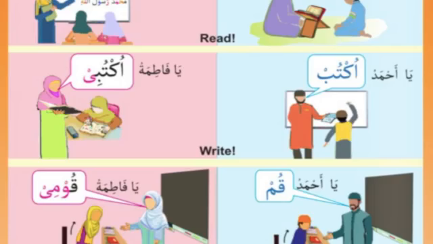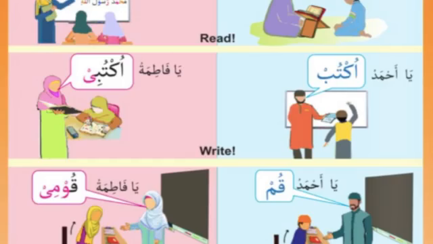And if you command a female or a girl or a woman, you must add an extra ya at the end of uktub. So it becomes uktubi. When you command a female or a girl or a woman to write, you say uktubi.